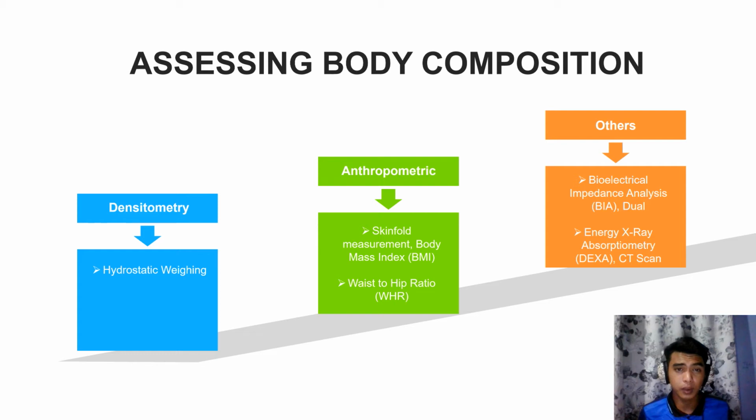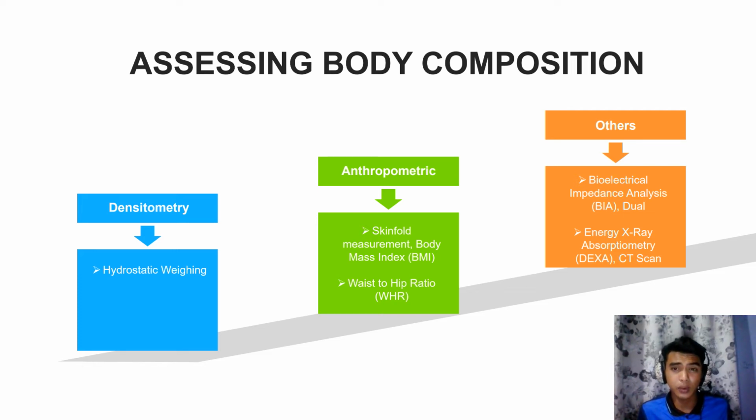Now we talk about assessing body composition, which has three types. First is densitometry, second is anthropometric, and the last one is other. For densitometry, we have hydrostatic weight, and for anthropometric, we have skinfold measurement, body mass index that we know as BMI, and waist to hip ratio.